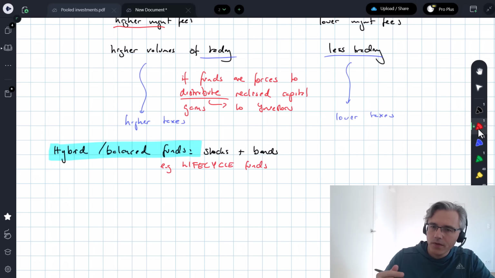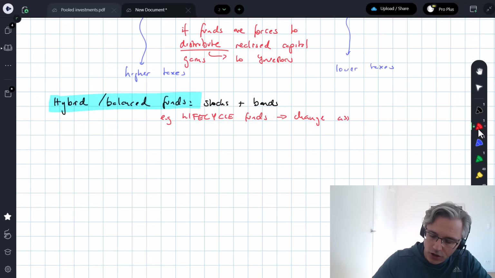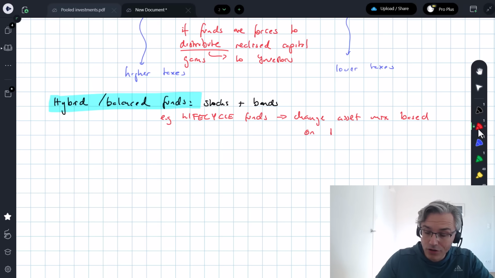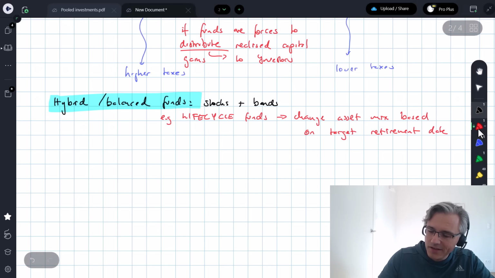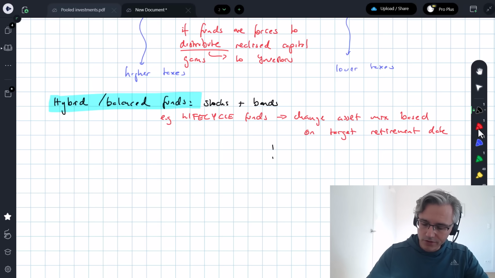And these dynamically adjust or change their asset composition, change the asset mix, based on some target retirement date. So this is typically designed to attract people who want to retire at a specific point in time.